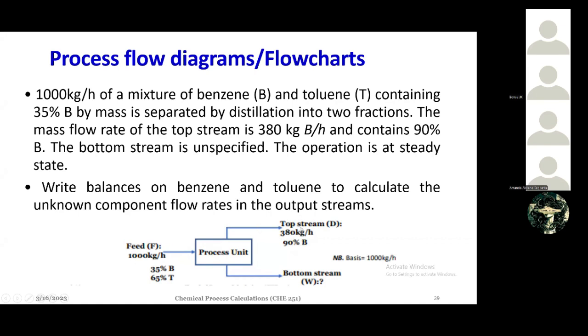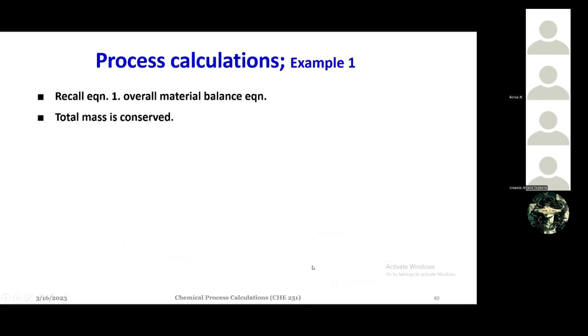This 380 here is the flow rate of the top stream, everything combined, both the benzene and toluene flowing at the top. We don't know that for the bottom stream, so we can put any variable there as our mass fraction of benzene in the bottom stream, and then multiply it by the actual flow rate of the bottom stream, which is W. Right?